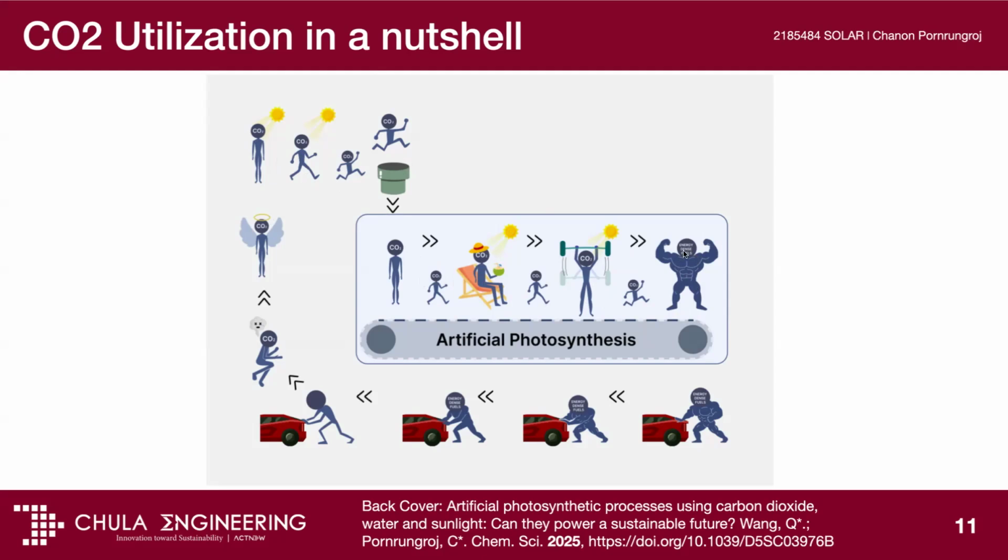And then we utilize them to drive different work. And then after its lifetime, it becomes weak and then dead, and then it goes back to the cycle. So this is what we're trying to achieve with the artificial photosynthesis, using all solar energy to run all this.